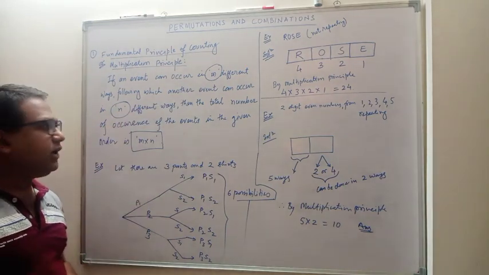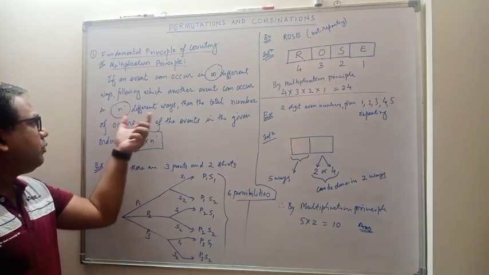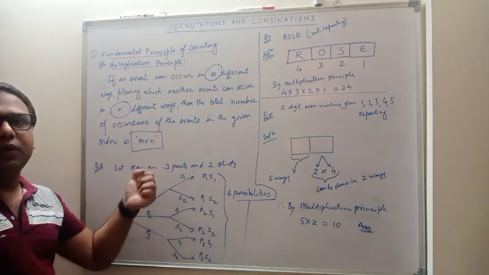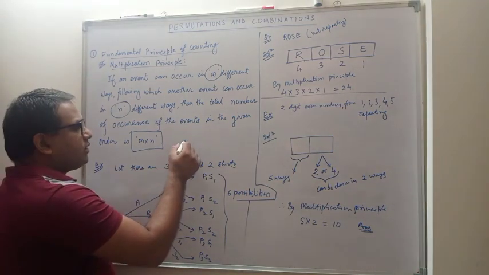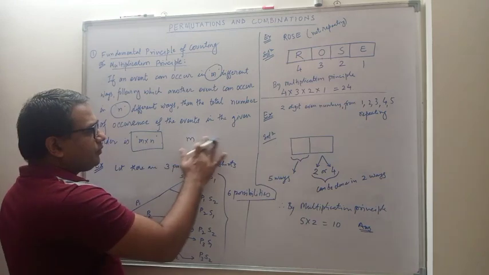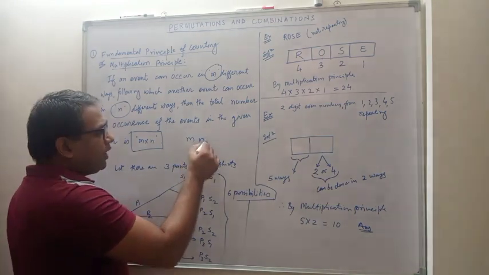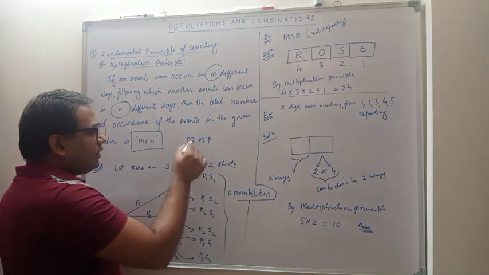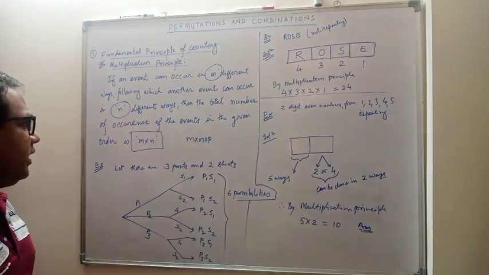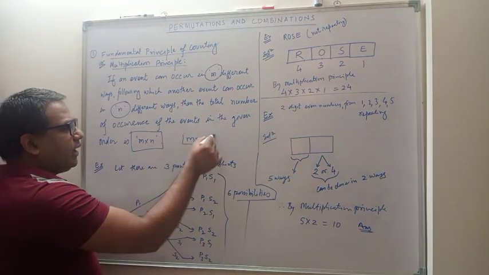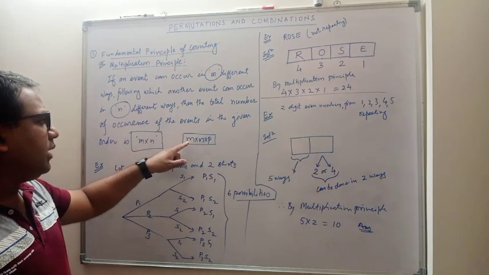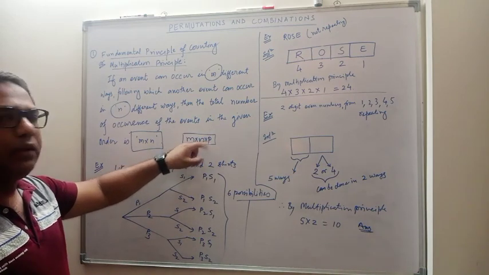We can generalize it. If there are three events, m followed by n and again followed by p, then there will be multiplication between these three, and our answer will be m cross n cross p, that is m multiplied by n multiplied by p.